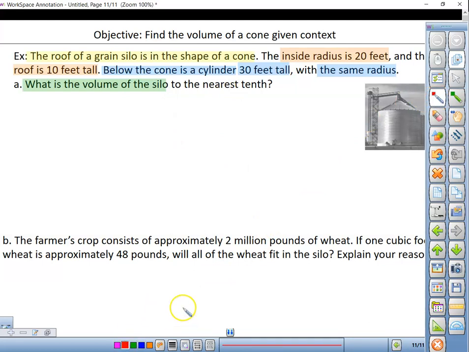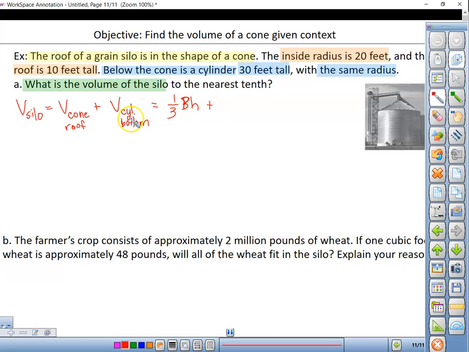So we need to realize, okay, we actually have a composite here. The volume of our silo would be equal to the volume of the cone, which is the roof, plus the volume of the bottom portion, which is a cylinder. Our cone formula for volume is 1/3 times base area times height.